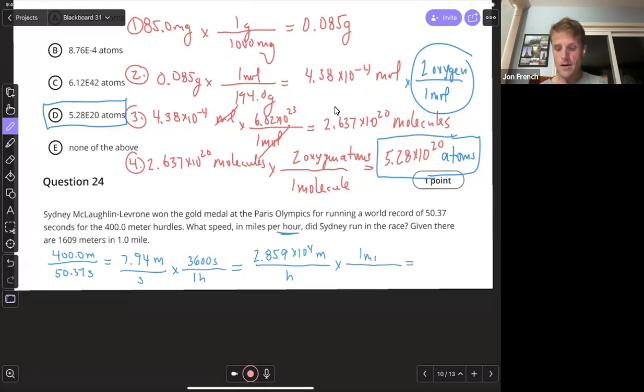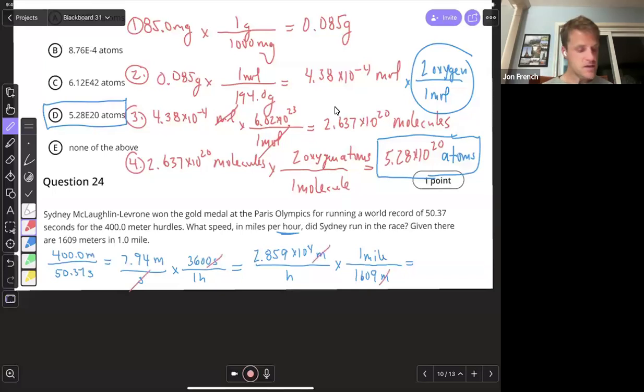We know in 1 mile there's 1,609 meters, right? So seconds canceled out here, meters canceled out here. We're going to divide by 1,609. And we get something like 17.77, 4 sig figs there, 4 sig figs here. So 17.77 miles per hour.